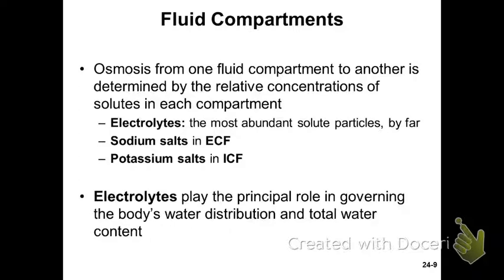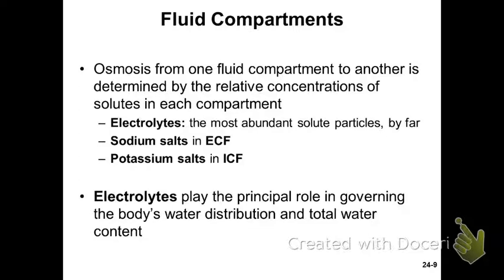So sodium, sodium, sodium found outside the cell, whereas potassium is by far the most abundant inside the cell. And we're going to see how critically important it is that sodium stay outside the cell and that potassium stay inside the cell as we move forward.